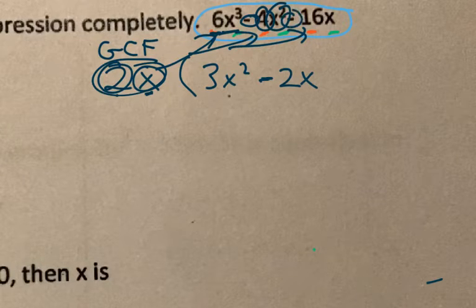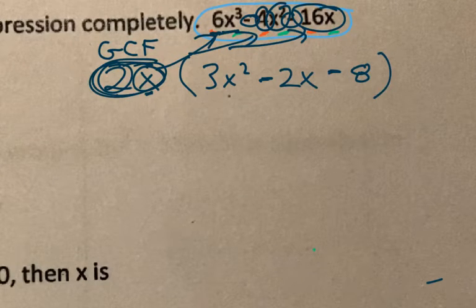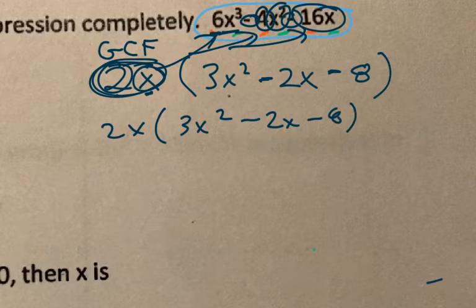And then finally we have another minus, and 16x divided by 2x is simply 8. So far we have 2x, don't need parentheses there. So far we have 2x times 3x squared minus 2x minus 8.